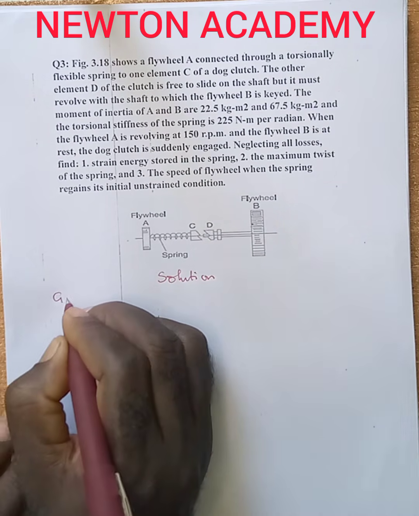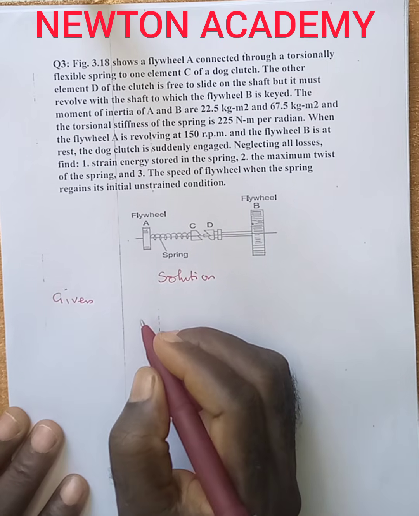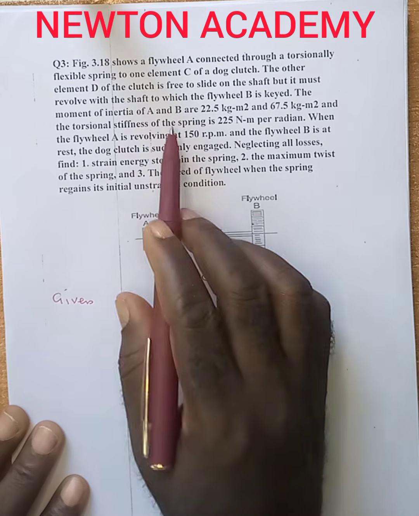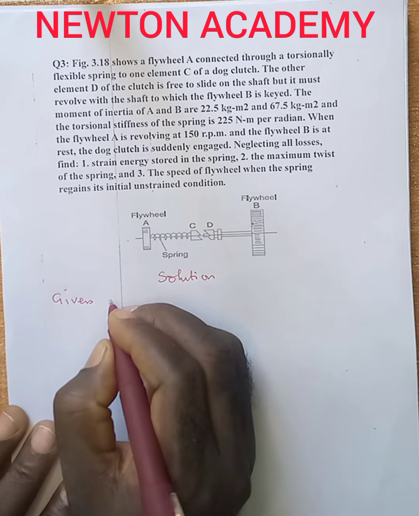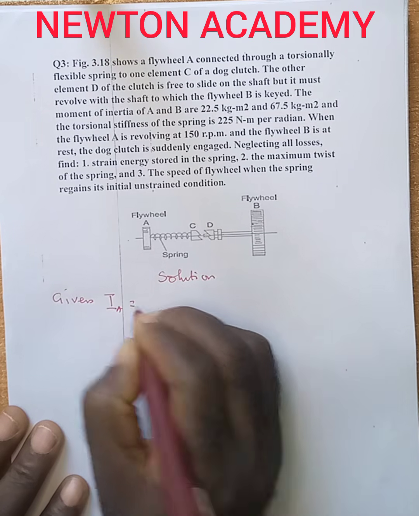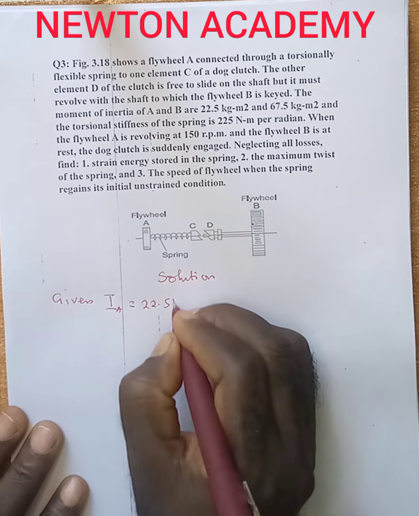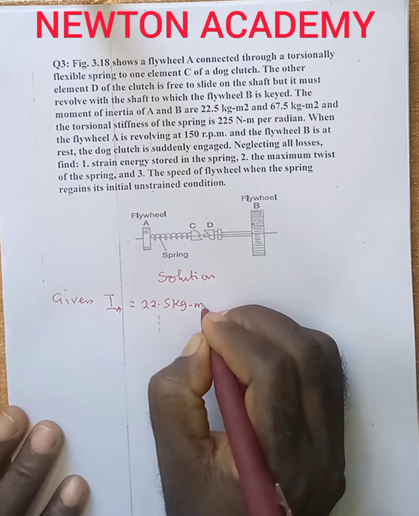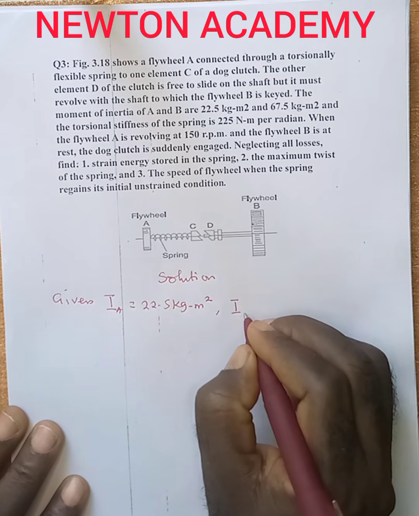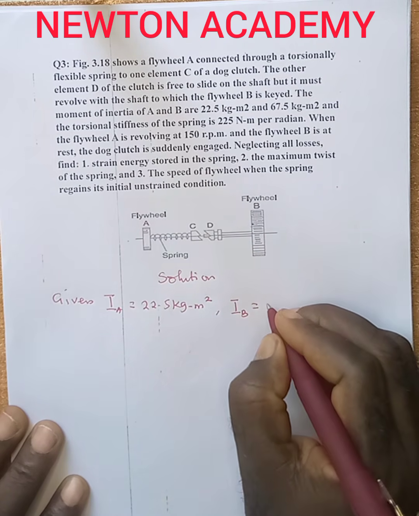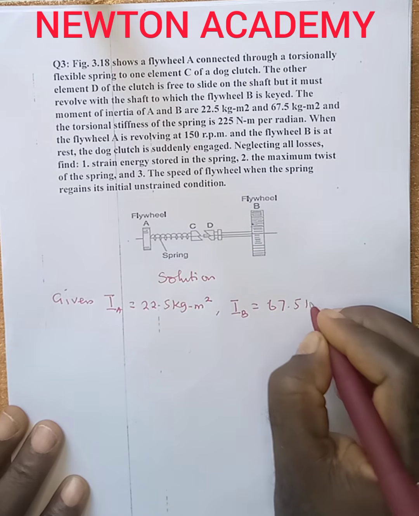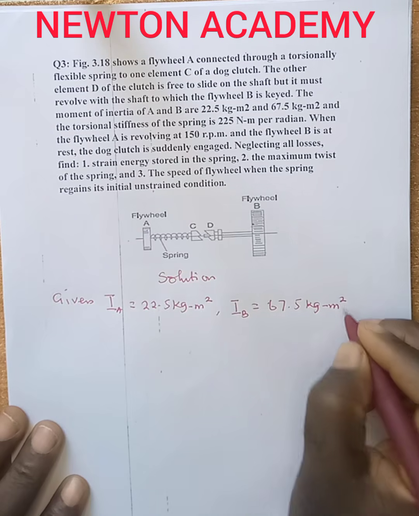Now let us look at our given. Here we are given the moment of inertia of the flywheel A, which is IA, as 22.5 kilogram meter square, and the moment of inertia of the flywheel B as 67.5 kilogram meter square.